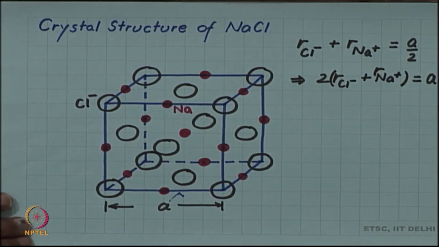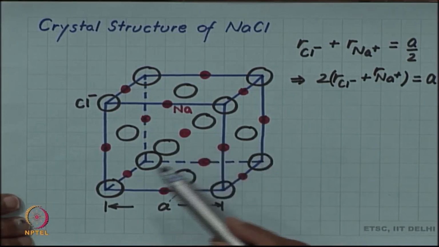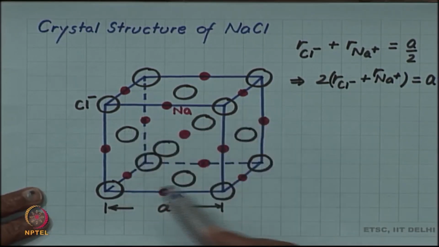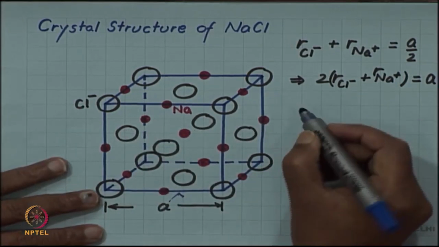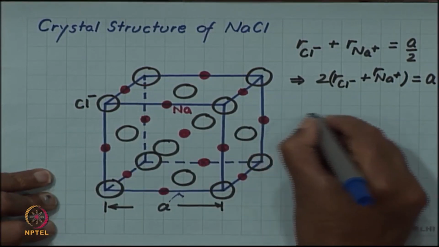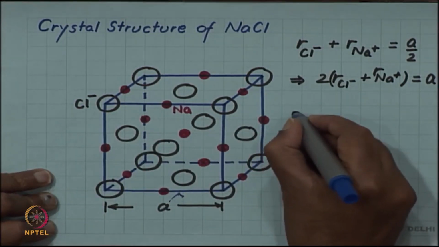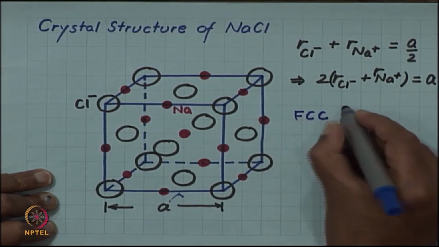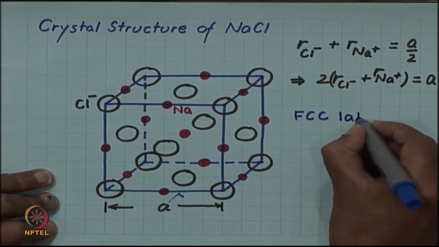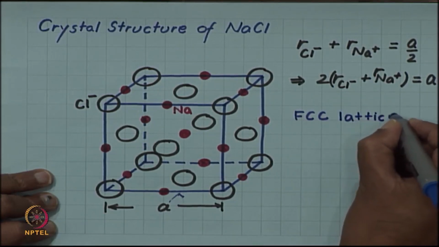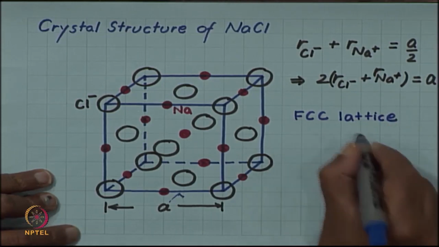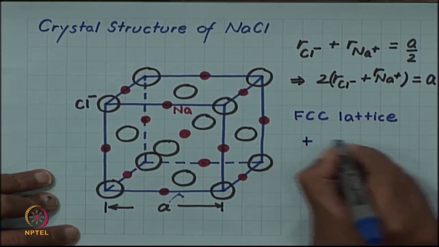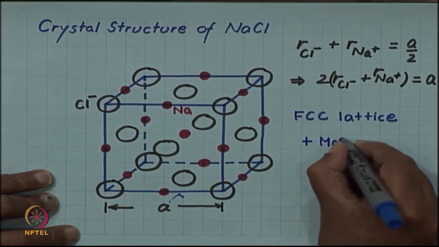Regarding the crystal structure, note that the chloride ions are forming an FCC structure. So, this is the FCC lattice. The crystal structure is described as a face centered cubic lattice, but lattice is of course only a set of points. So, you have to provide atoms to it, that is motif.